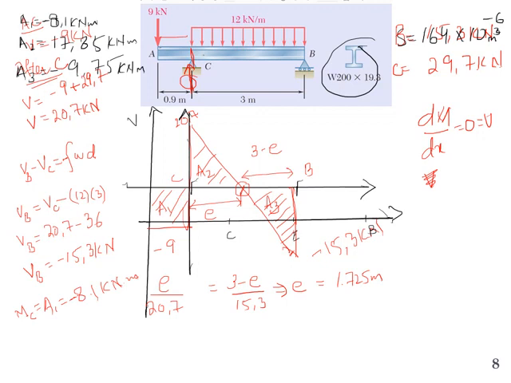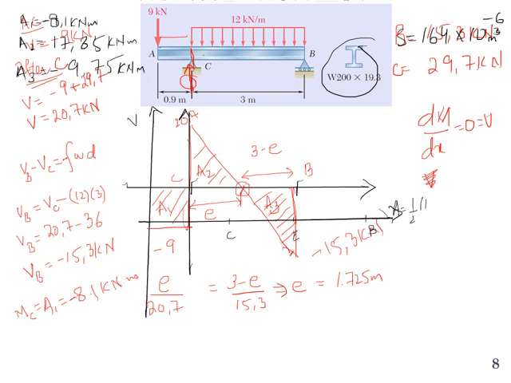Now A2 is equal to the area under this curve. This is a right angle triangle, so half base into height. Now let me change the pen. So I can write A2 equals 1 by 2 into base into height.